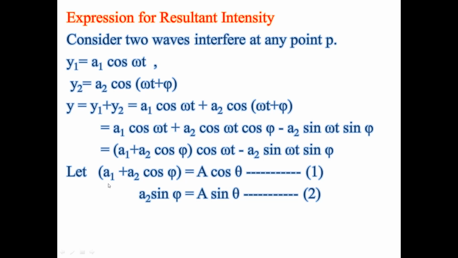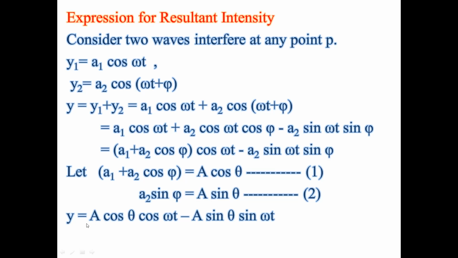So let us take a1 plus a2 cos phi equal to capital A cos theta and a2 sin phi equals capital A sin theta. Let us substitute in this equation.